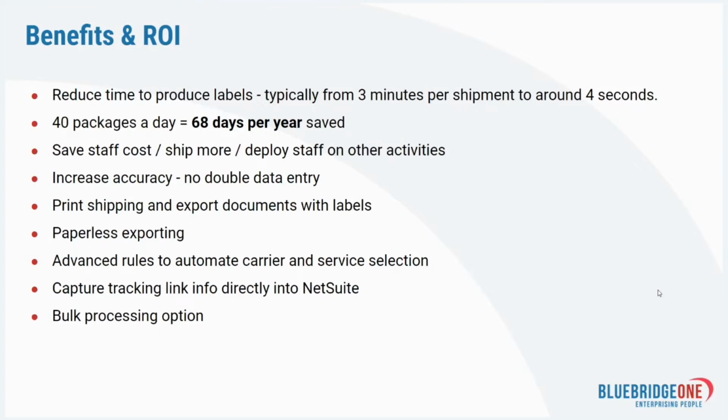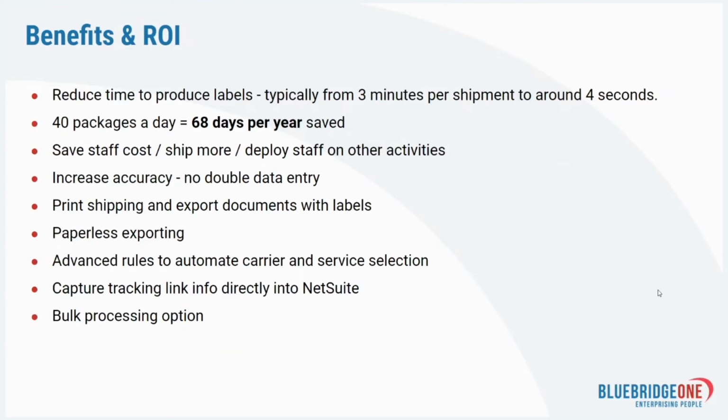There are other features, such as the ability to print other documents like packing slips or export documents if you have to do that, although as I say, we do support paperless exporting with most of our carriers. OneShip also has some advanced rules that you can set up to automate the selection of carriers and services.